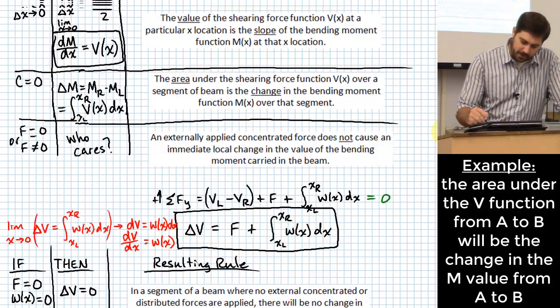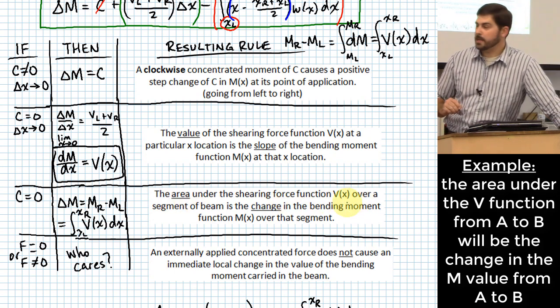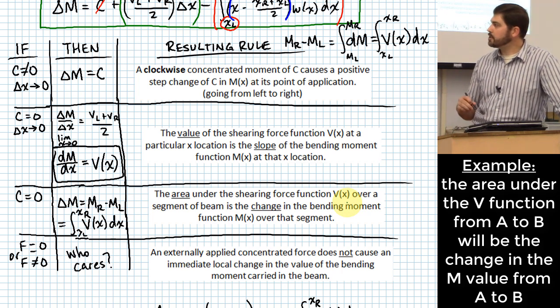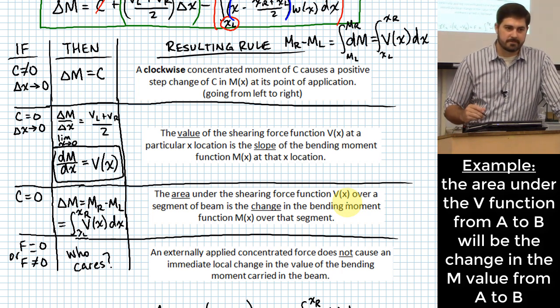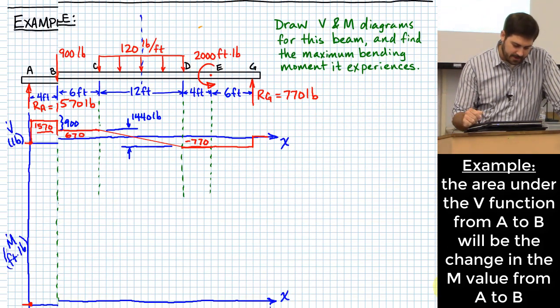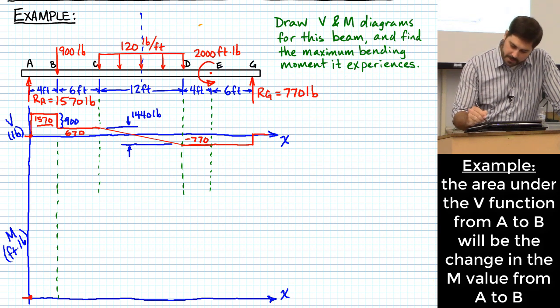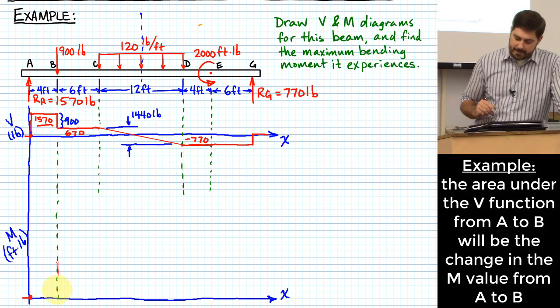Well, let's go back up and look at our rules. The area under the shearing force function V of x over a segment of beam is the change in the bending moment function M of x over that segment. So that means that with our slopey line, it's going to be a straight line, but with a slope going from this point to somewhere along here, right?